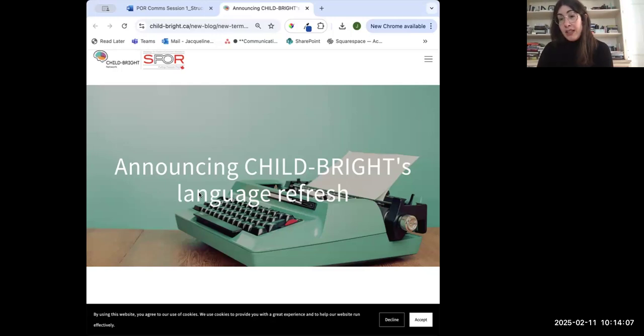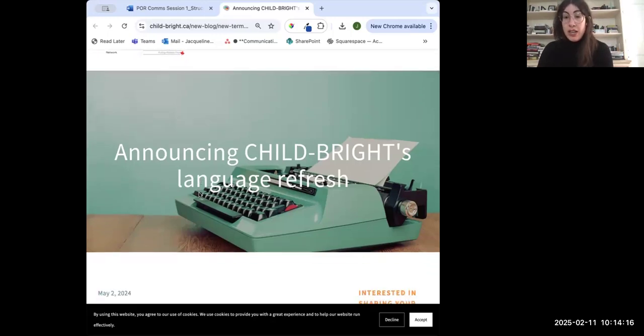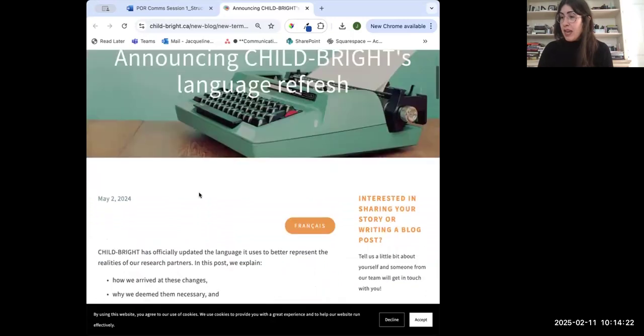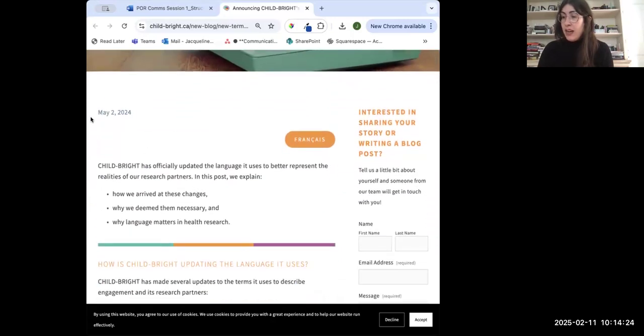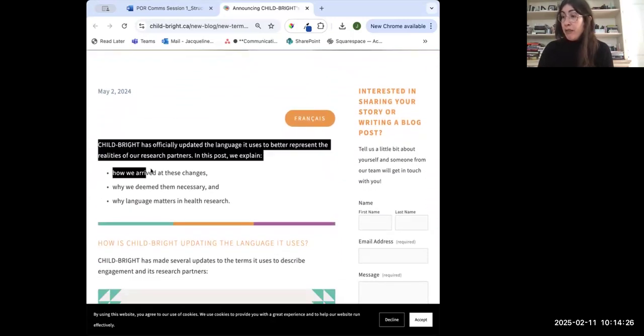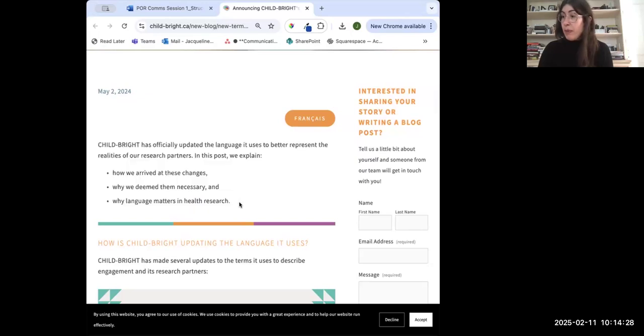And so we know that, Megan and I, as we're putting together this post, that we want to make sure that we're really breaking down not only what the changes are, but what the process behind the changes was and why they're important. And so you'll see that we broke that down right at the very beginning of this blog post, right?